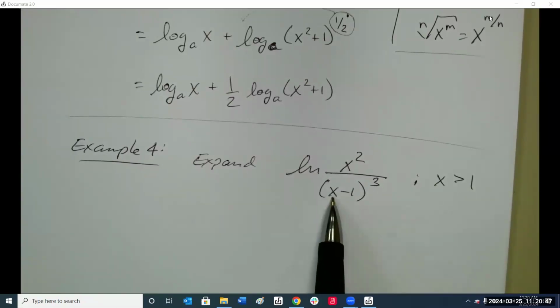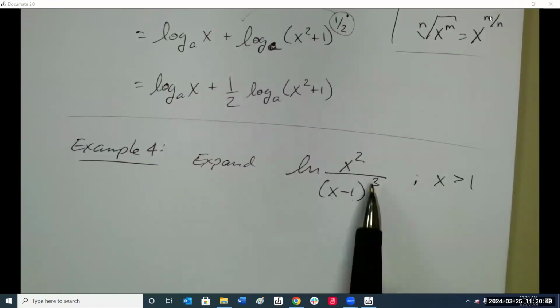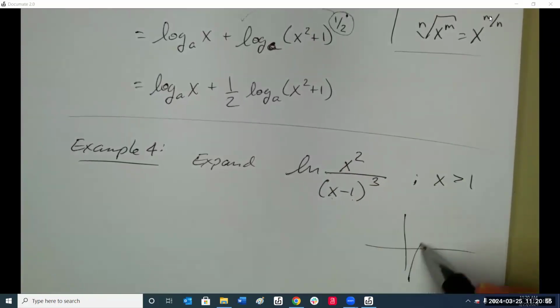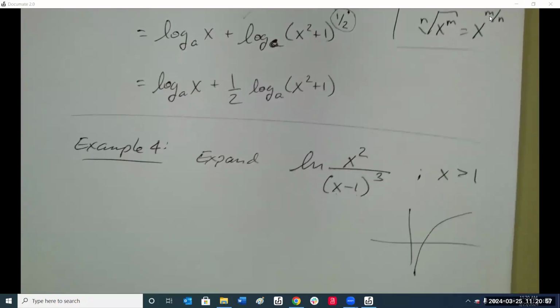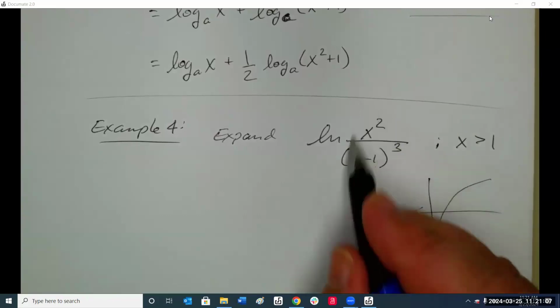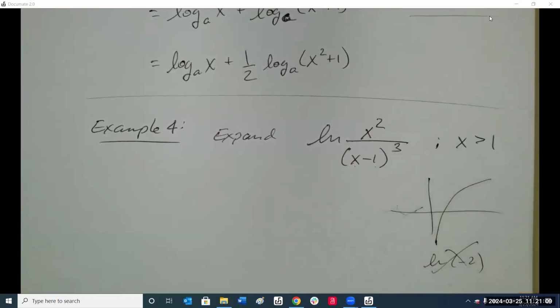If it's 0, then we have a negative on the bottom. Then we can't take a logarithm of a negative number. Remember, the graph of a log function looks like this. We cannot take the log of a -2. So that's why this has always got to stay positive, and the way to do that is making x bigger than 1.